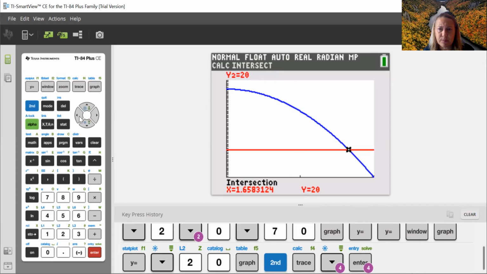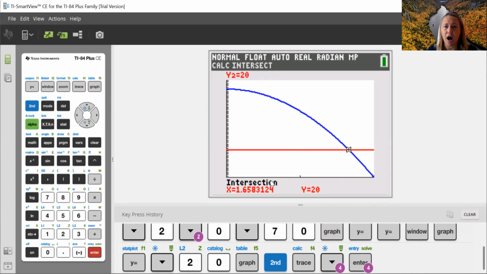Wait, is that right? 1.65. Why did it take me? Oh, I know why. Usually I was confused for a minute because usually it would tell me to mark the left bound and right bound of the intersection point. However, because this graph only has one intersection point, it just jumped right to it. So I was confused for a minute why I wasn't doing left bound and right bound, but that's why.